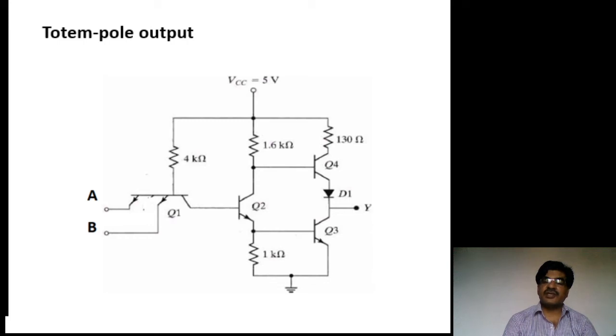Similarly, suppose Q3 is off. Q3 off means automatically Q2 is also in the off state. Therefore, around 0.5 volts is available at the base of transistor Q4. Hence it is greater than 1.2 volts. So Q4 acts as on. So Q4 is on when Q3 is off. That is the push-pull action we can observe here.